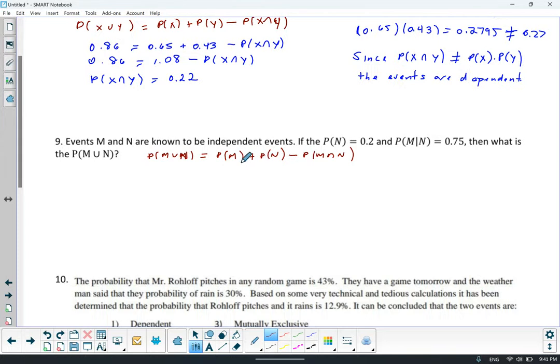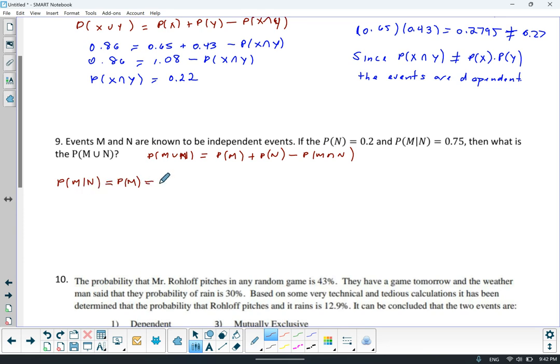So I know probability of N, but that's about it. But I do know that the probability of M given N, we know that that is independent. Therefore, if M and N are independent, then this probability has to equal the probability of M. I'm sorry, not the joint, but the conditional probability.